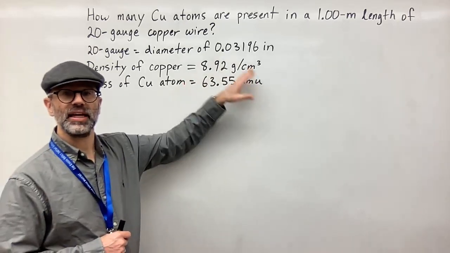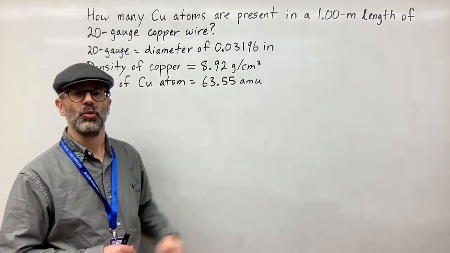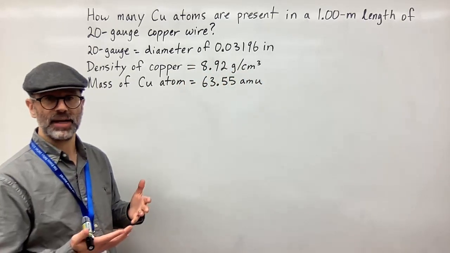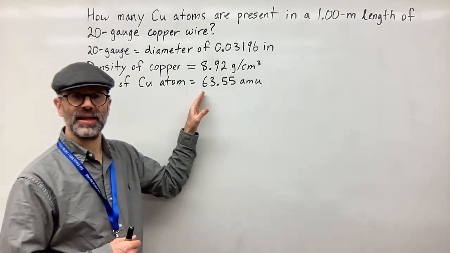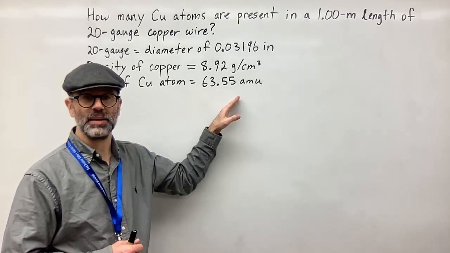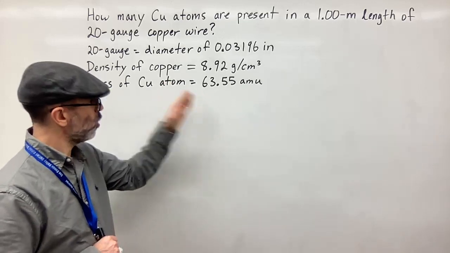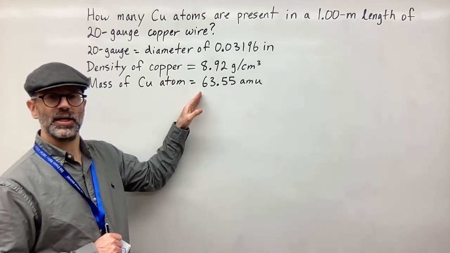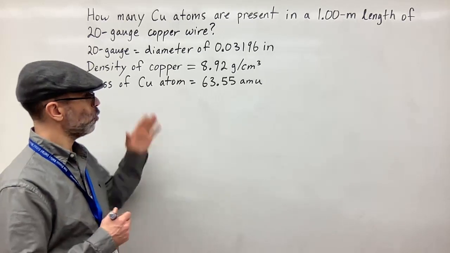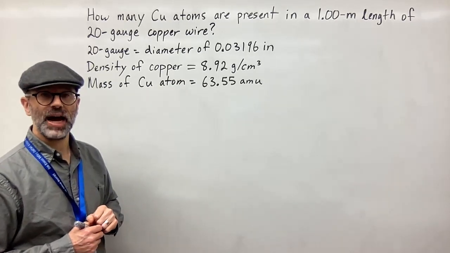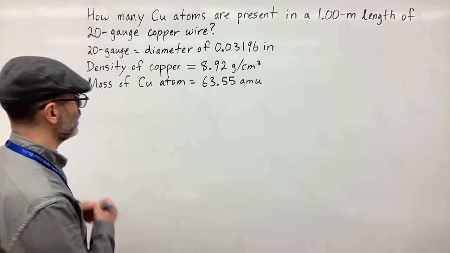If we're given the atomic mass or the molecular mass, we can easily change that to molar mass by keeping the number and understanding that that's going to be the same number of grams for 1 mole of that substance. So if we know that one atom of copper is 63.55 AMUs, then we also know that 1 mole of copper atoms is going to be 63.55 grams. So we can use that.